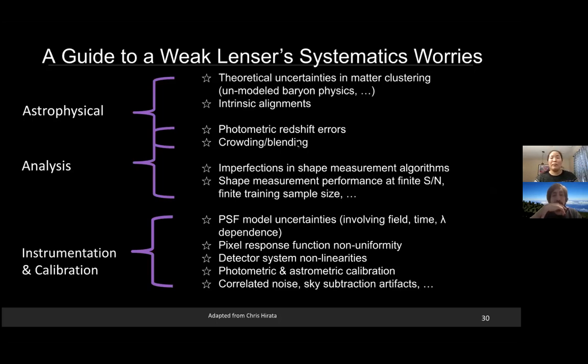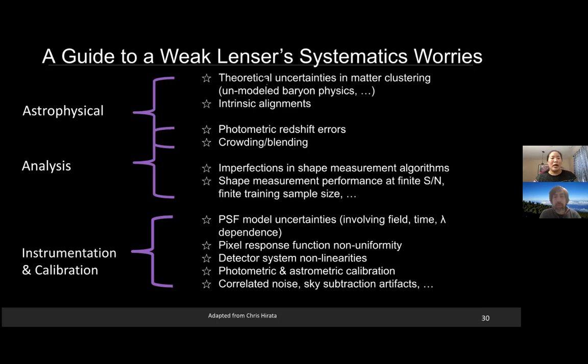And this will become worse for the full DES dataset because it reaches much deeper levels, and then also LSST is going to be very, very deep. And so you're going to have a lot of galaxies that are blended together. So from the measurement side, blending is maybe going to be a big contributor that we have to figure out how to address.